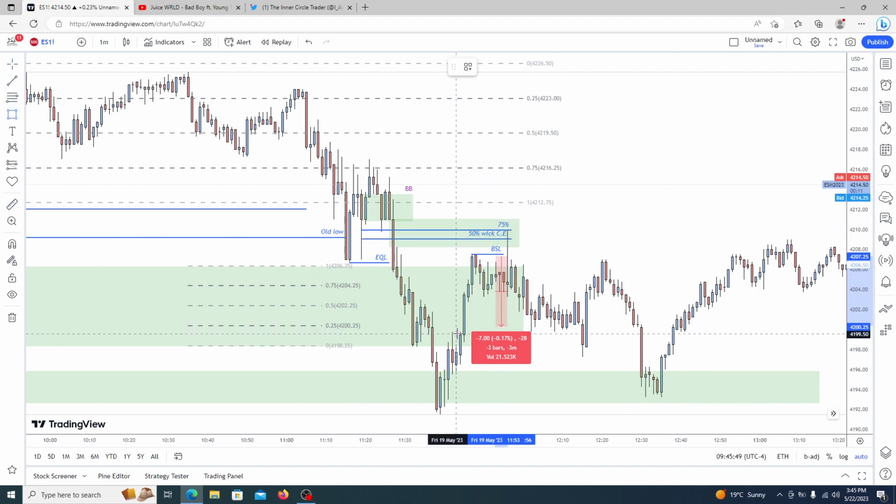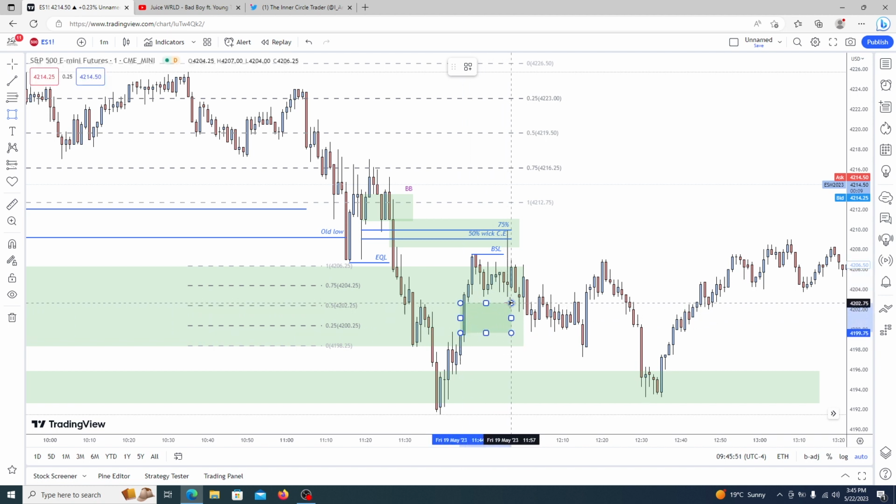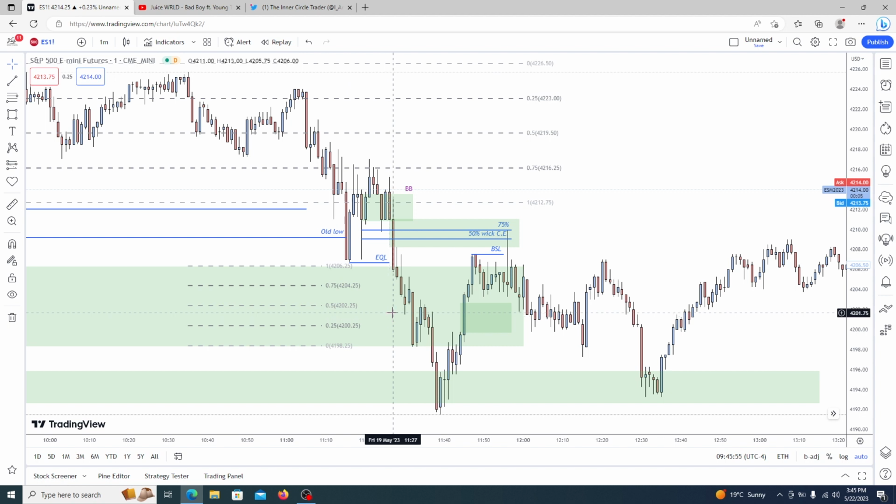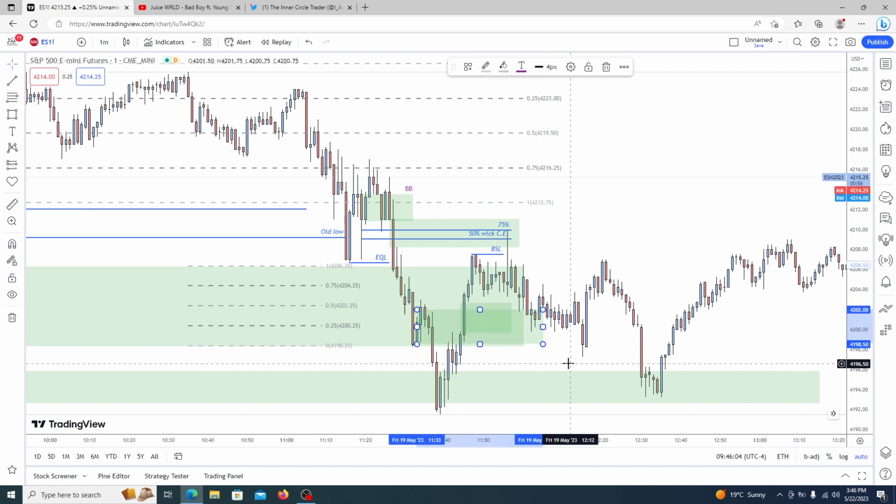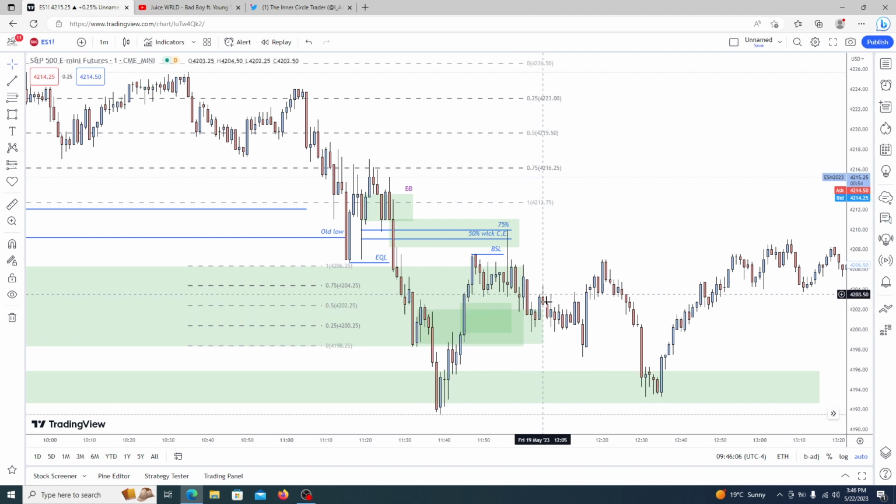As soon as price rejected, we have a fair value gap over here. We also have a breaker block right there, which could also have been a potential target for you. As you could see, price did consolidate in this run, and it did clear these buy stops, which took those out, and then price ultimately continued rallying back down.